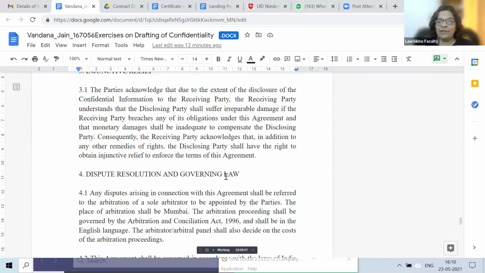As far as the opposite party is concerned, they are going to come and catch your throat. They will not say that just because you're working from home, it's okay that their information gets leaked. No one will accept that argument. Would you accept that argument? No, being the disclosing party, I won't accept it. But as the receiving party, I have to save myself.